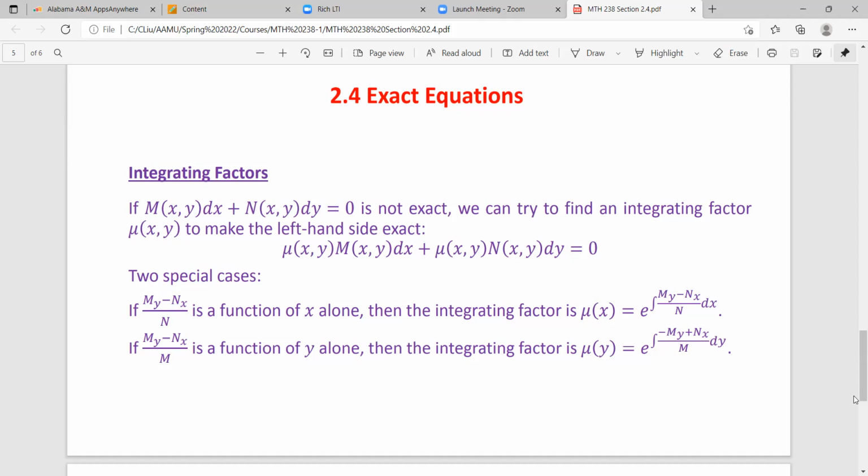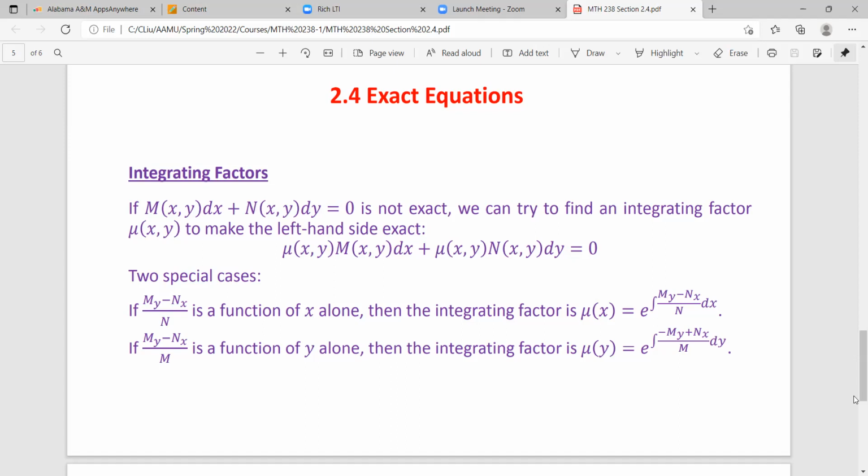When the differential equation is not exact, you try to make it exact by multiplying by an integrating factor, and this integrating factor mu is hard to find in general, but there are some special cases where we can find it easily.